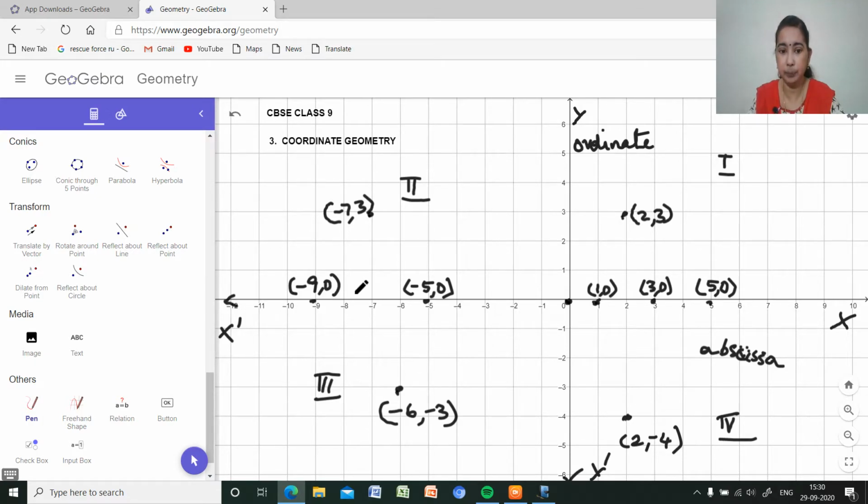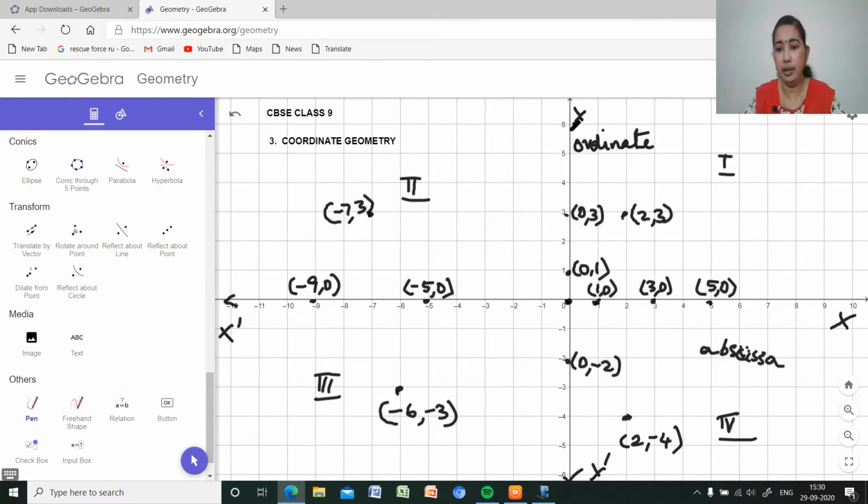So note it down. Any pair of coordinates on the x-axis will have its y value 0, whereas on the y-axis what happens? This coordinate we can mark as (0, 1), this coordinate as (0, 3), and this coordinate (0, -2).